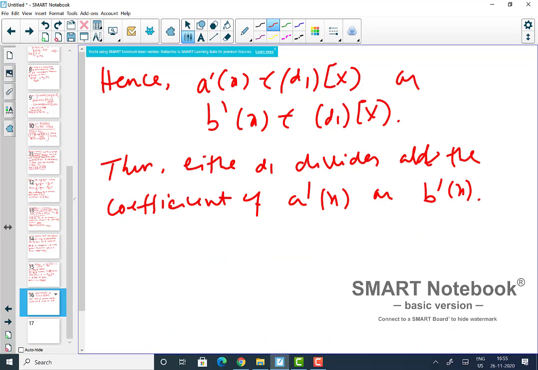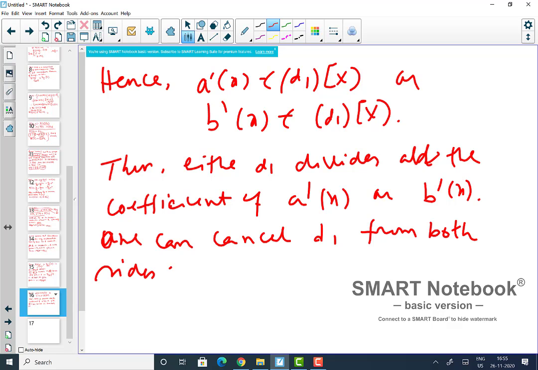So what does that mean? That means one can cancel D1 from both sides of star, right? So what does that mean? That means the number of irreducible factors of D becomes less, right, if you have cancelled out, and then by induction hypothesis you have the same thing.